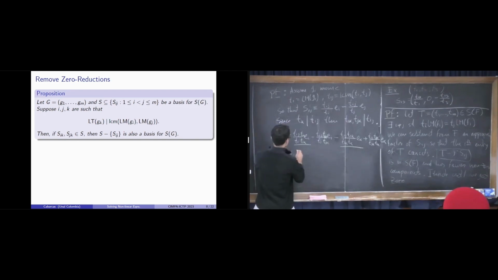So there we have Tij over something, and here we're gonna have Tik over Ti in position Ei minus Tik over Tk in position Ek, and I'm missing one factor, so this is Tij over Tik. There you go. So this is okay because we know Tik divides Tij. And this is precisely Sik.